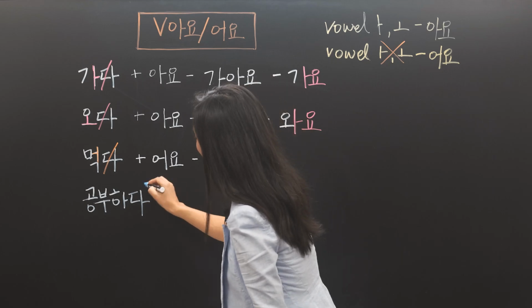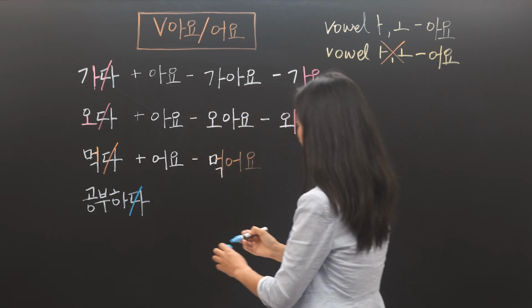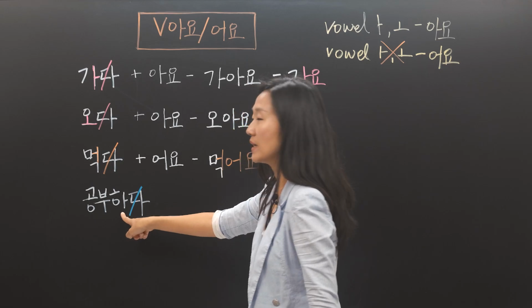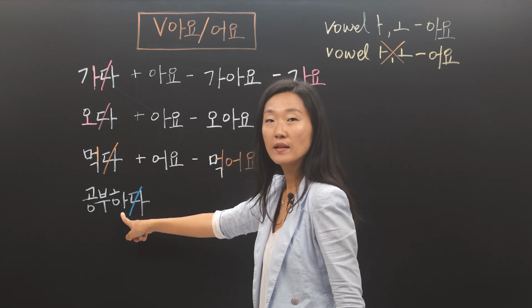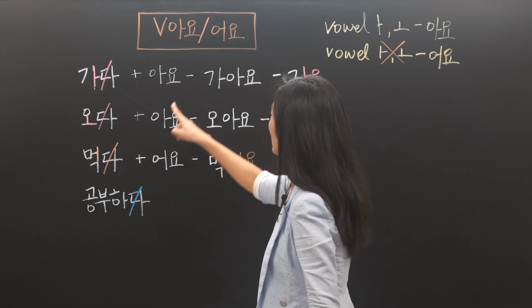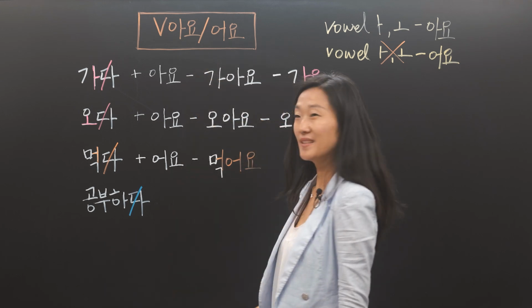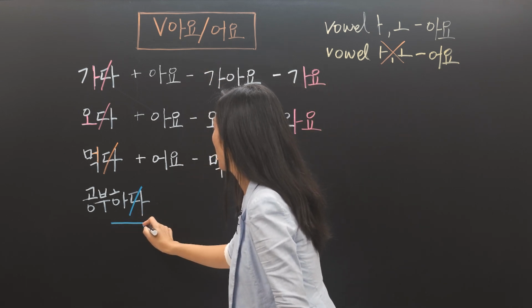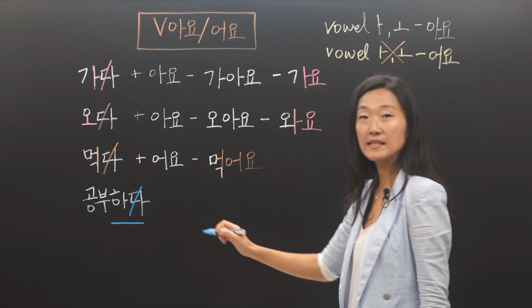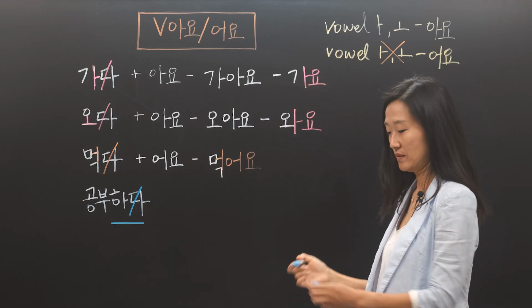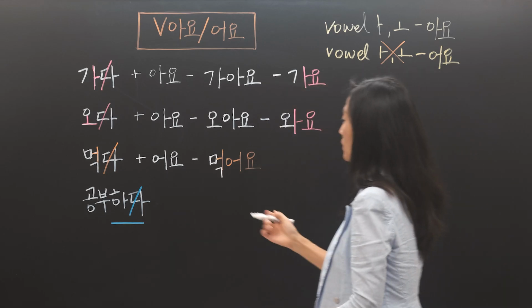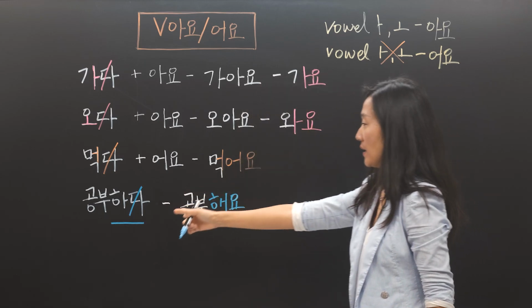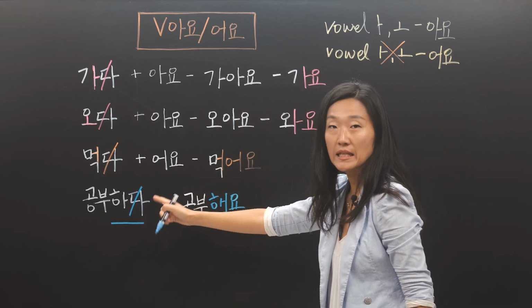And 공부하다. We remove the 다. The last vowel is a. Then we add 아요. But the verb 하다 is an exception. So 하다 is an exception.